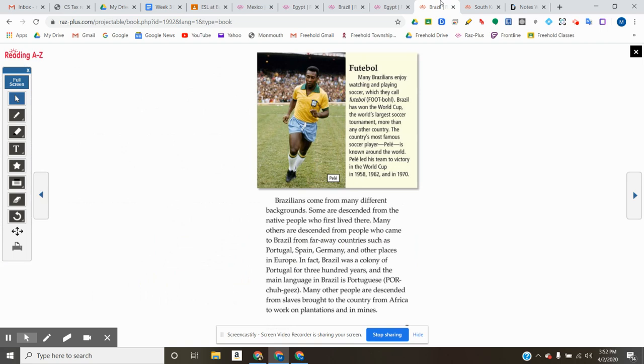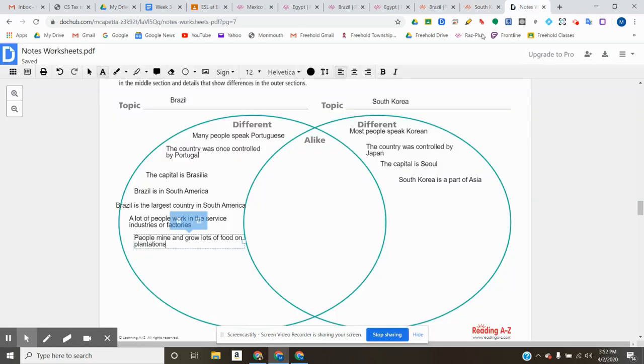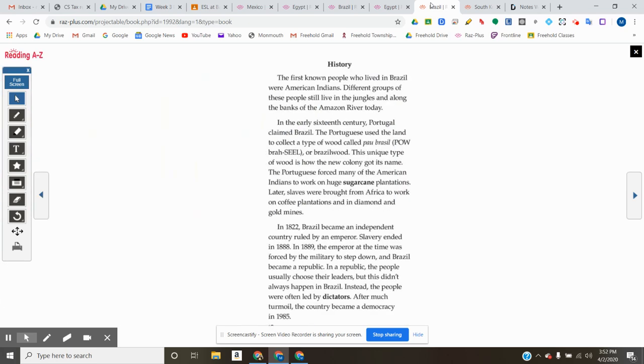What else? So it seems like a lot of people come from all over Europe and Africa. The ancestors are from Europe and Africa. What else? We have the Amazon River, and we talked about this.